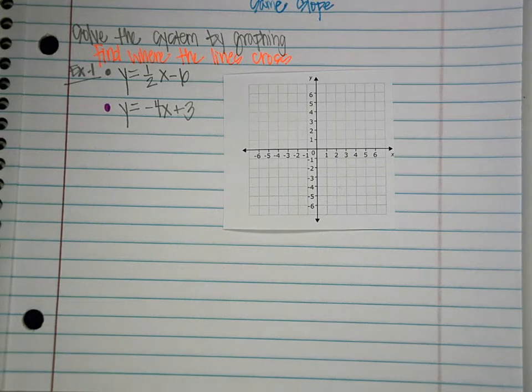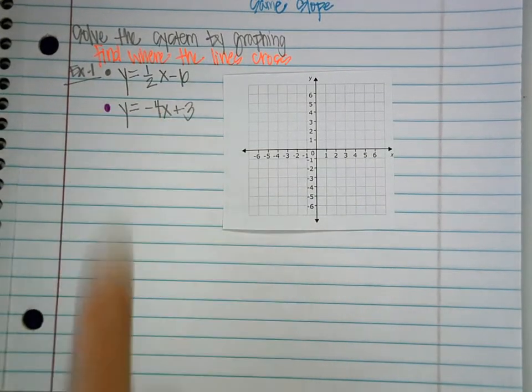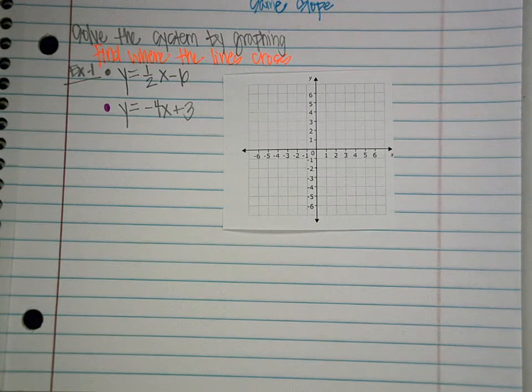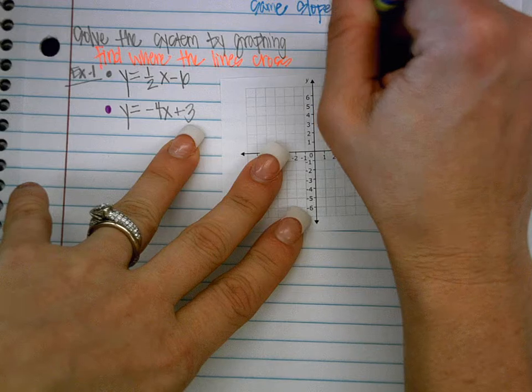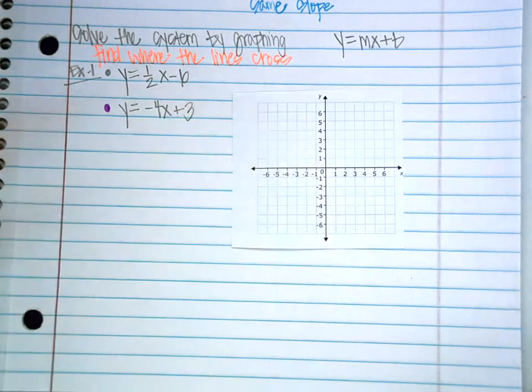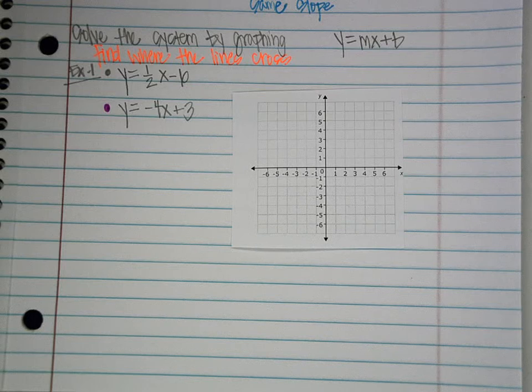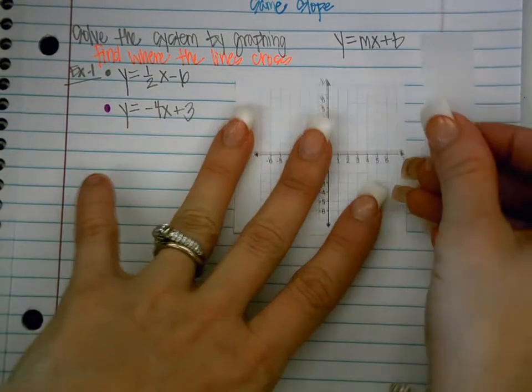How do I graph this? Y equals 1/2 x minus 6. Do you remember y equals mx plus b? These are both written in what form? Is that standard form or point slope or slope intercept? This is slope intercept because it's written so that you can read the slope and the intercept.